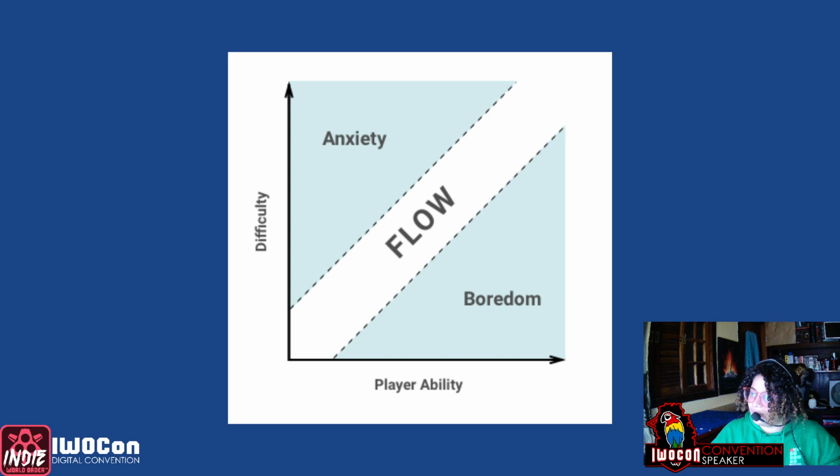So the flow is this thing between the anxiety and the boredom. So what does this mean? It means that the player feels good when he has a challenge that isn't really hard, like way beyond his abilities, neither too boring, too easy for him.